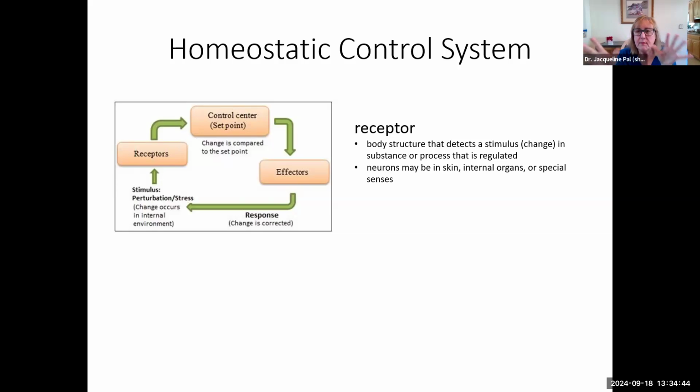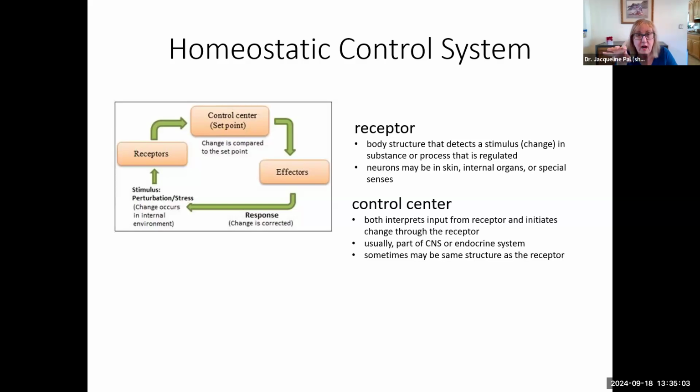And so these receptors are going to be attached to sensory neurons, and these could be in our skin, they could be in an internal organ, they could be in our heart, they could be in our intestines, they could be anywhere. They could be in our eyeballs, any kind of our special senses. From there, that is going to be compared to, what's the normal set point?